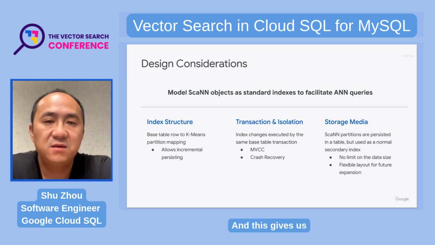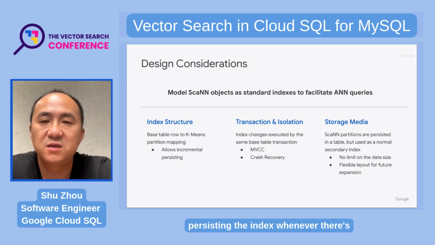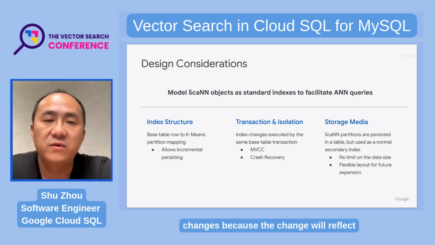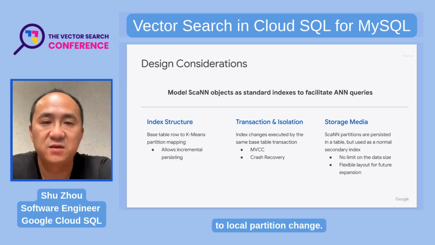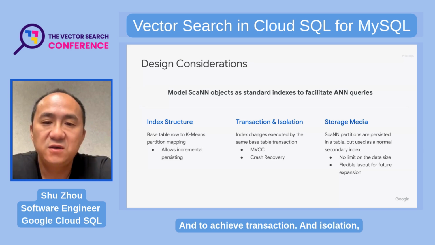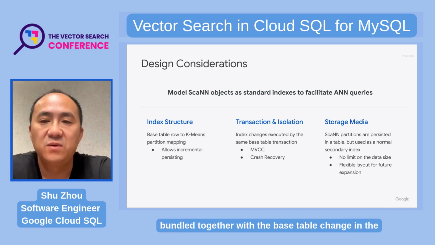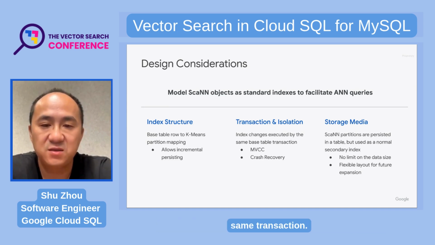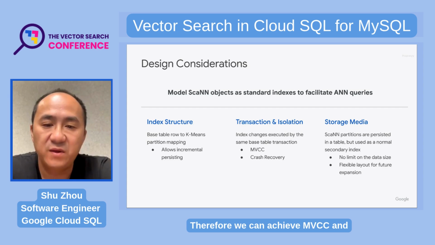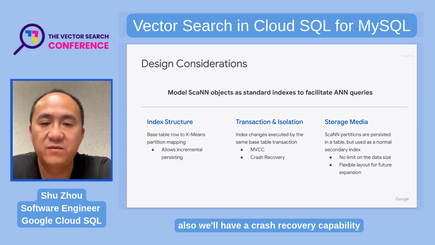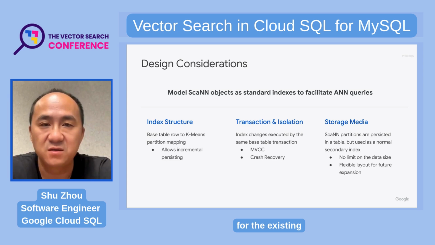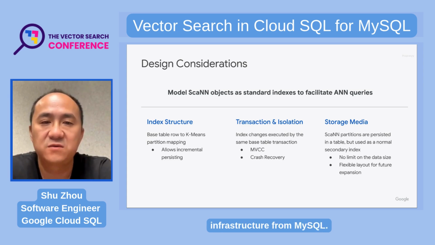And this gives us the capability to incrementally persist the index whenever there are changes, because the change will reflect to a local partition change. And to achieve transaction and isolation, the index change needs to be bundled together with the base table change in the same transaction. Therefore, we can achieve MVCC and also have the crash recovery capability, thanks to the existing infrastructure from MySQL.